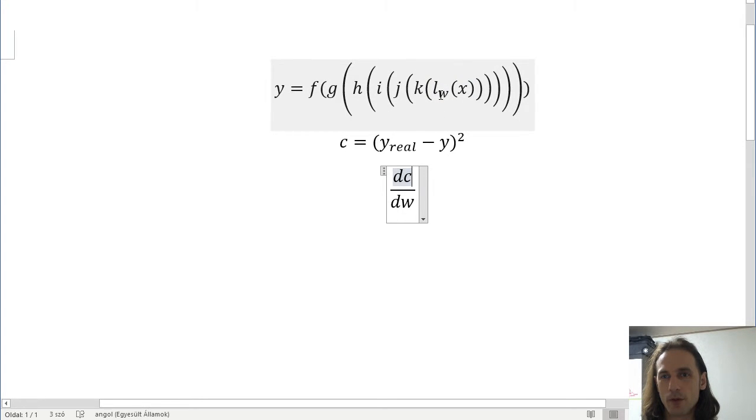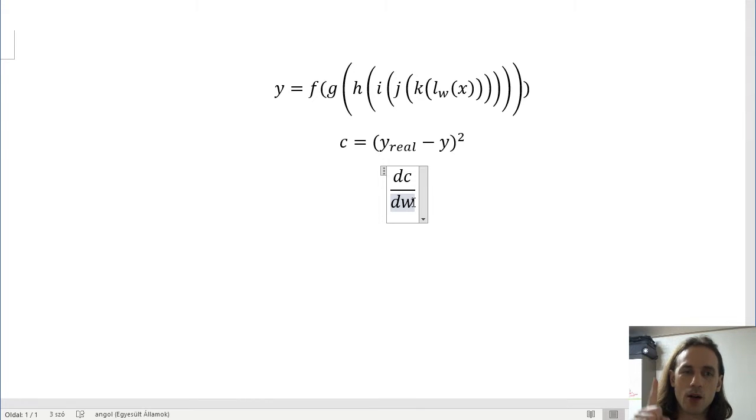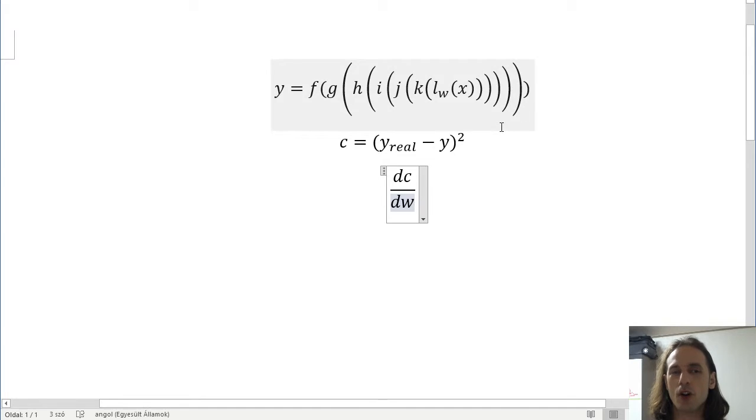We got the weights for this L function, and if we know how the cost changes as the weights change, we can figure out, okay, if I change the weights in a positive direction, the weights go up, then the cost goes down, then I will have to move these weights up a little. And this is how we optimize the function. This is what machine learning is about. This is what learning is.